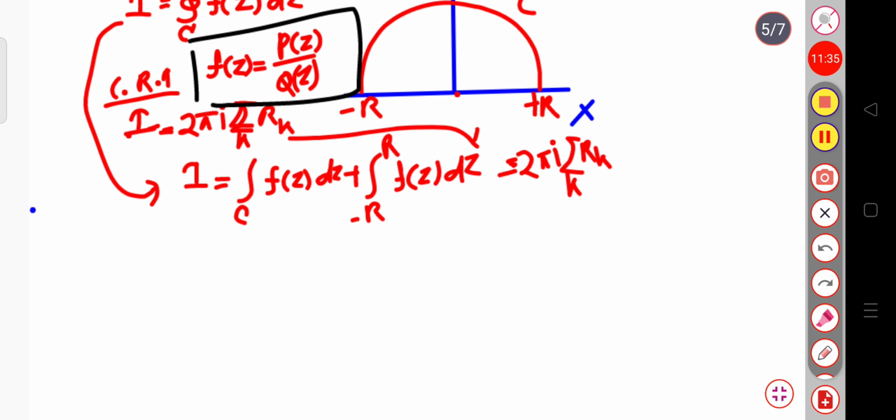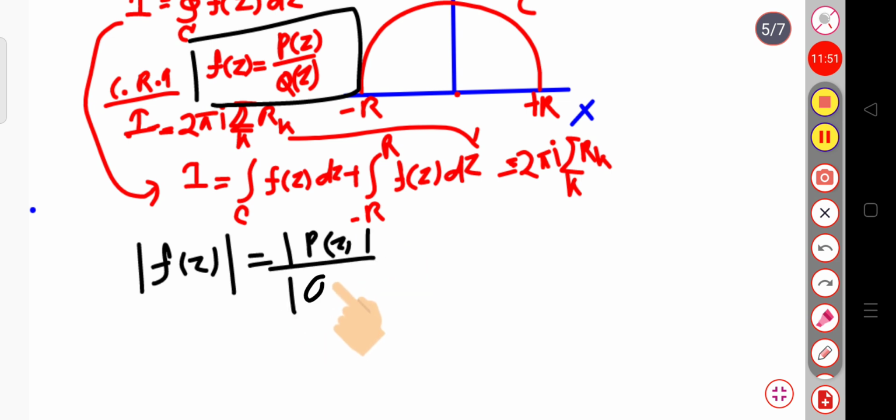It means that the modulus of f of z, which is the modulus of p of z divided by the modulus of q of z, will be nearly equal to 1 by r square. Are you getting my point? This will be nearly equal to 1 by r square, since it is at least 2 degrees greater than that of p of z. So if I cancel the terms, this becomes near about 1 by r square.